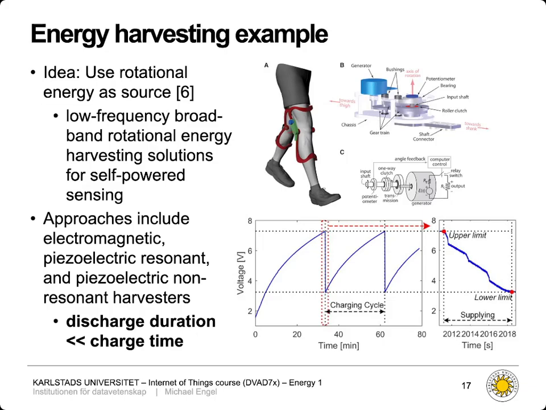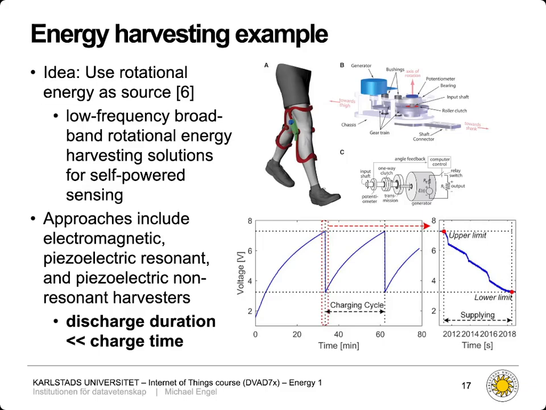And then you look at this very small part where the line almost goes vertically down, and this is enlarged on the right-hand side. You see this is a discharge cycle, and it is a couple of seconds. So all the energy you harvest here is so minimal that even harvesting energy for half an hour only allows you to operate the device for a couple of seconds.